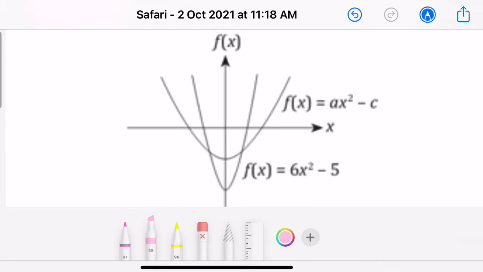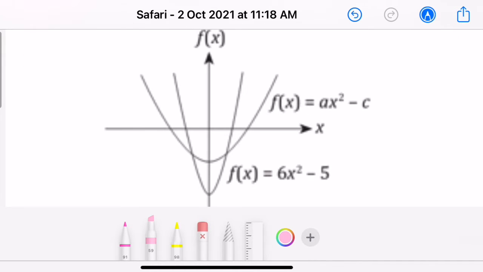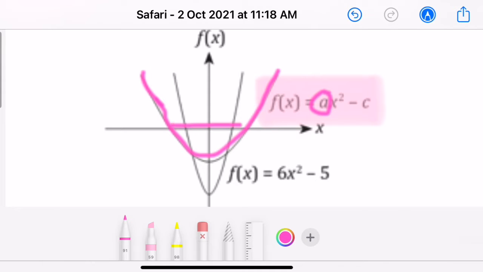For question number 2, Diagram 1 shows the graph of two quadratic functions. One of the functions is this one, the pink line. Let's look at a. a is to do with the width of the parabolic shape. So this will determine the width.